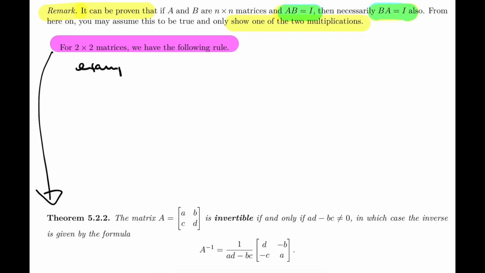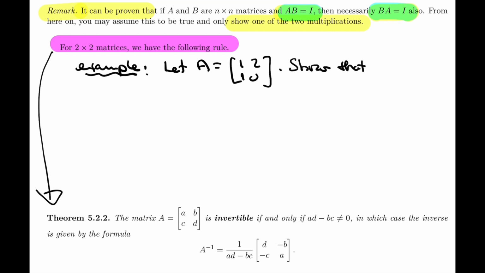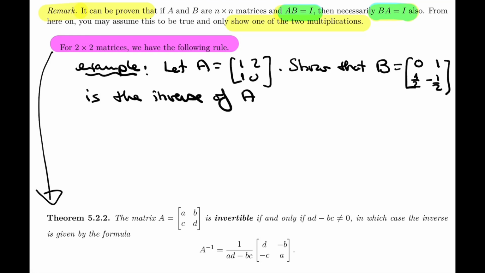So example, if you're given a matrix, let's say A equals [1, 2; 1, 0], and asked to show that matrix B, which I'll just magically come up with, and we'll see in a second how I came up with this matrix, but show that B is the inverse of A. In other words, another way of saying that is to say that B equals A inverse.